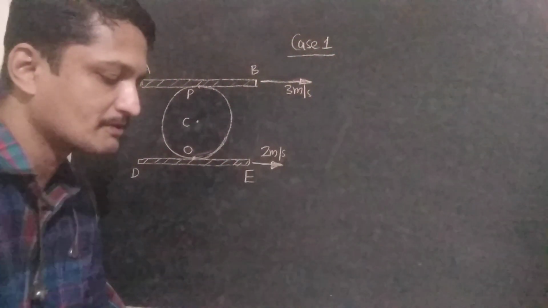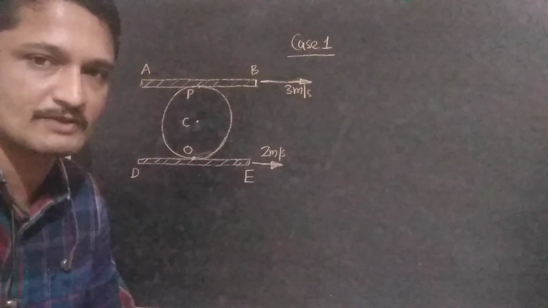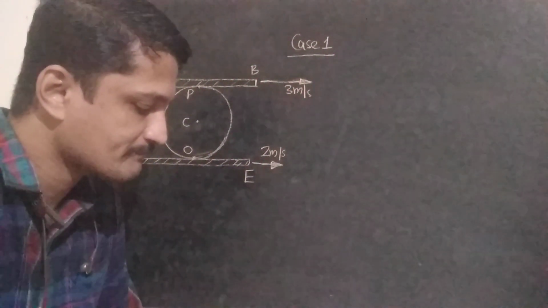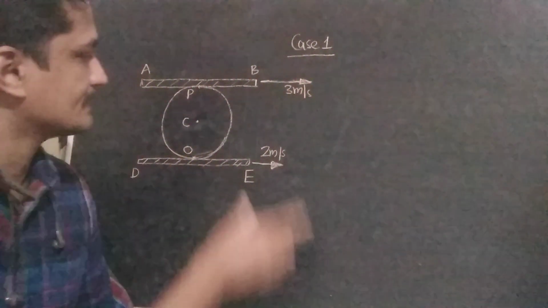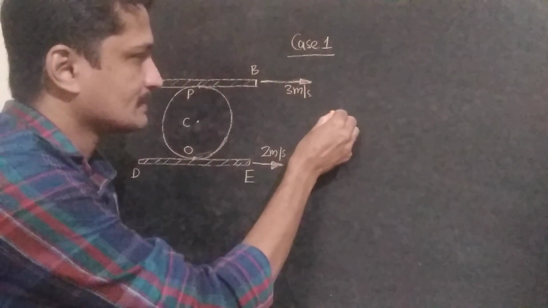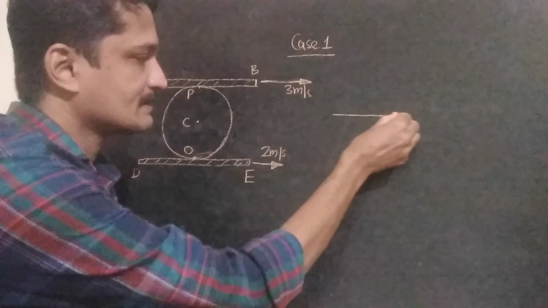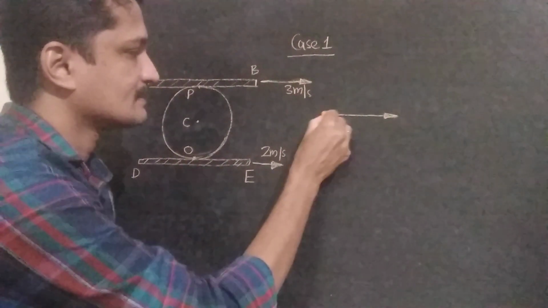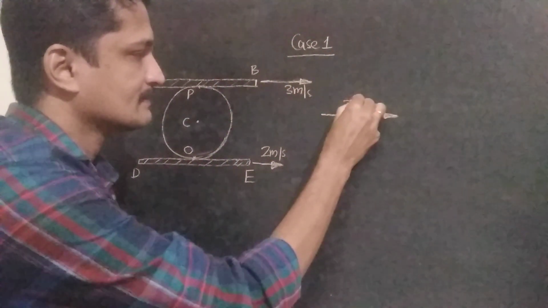Velocities of the conveyor belts are in the same direction. Then we can represent the velocity, this 3 meter per second, in a particular scale like this. Velocity vector 3 meter per second.